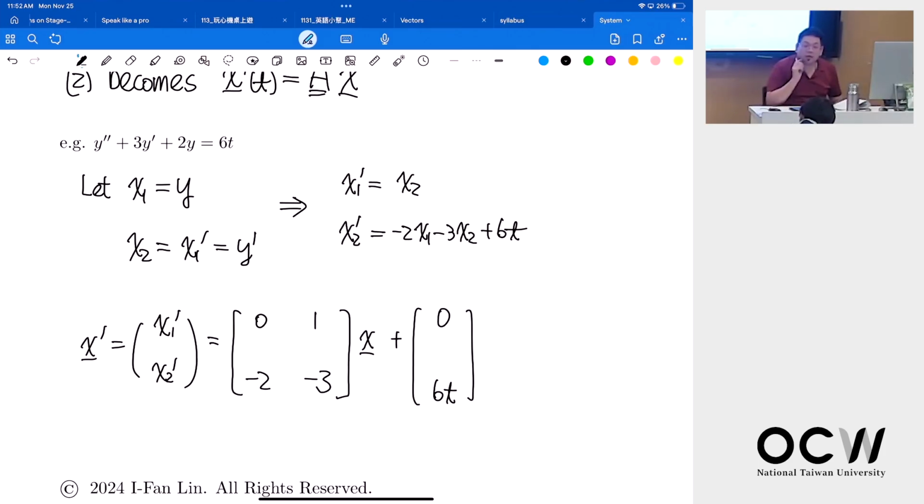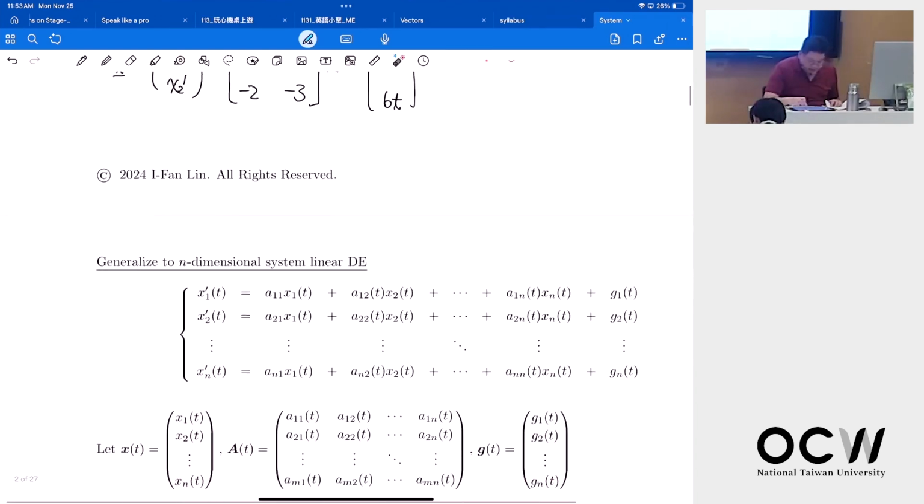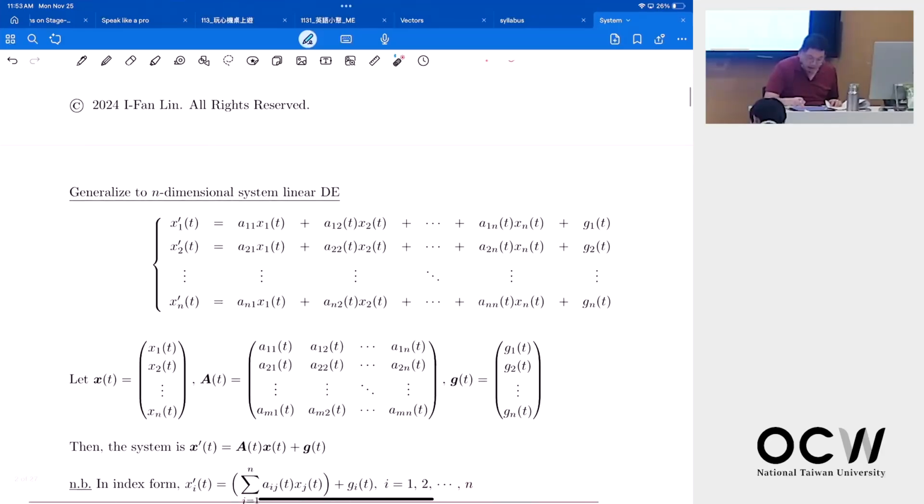Any questions for this one? If not, then we will extend this concept to the n-dimensional linear system of linear differential equations. I have x1 prime, x2 prime, up to xn prime.